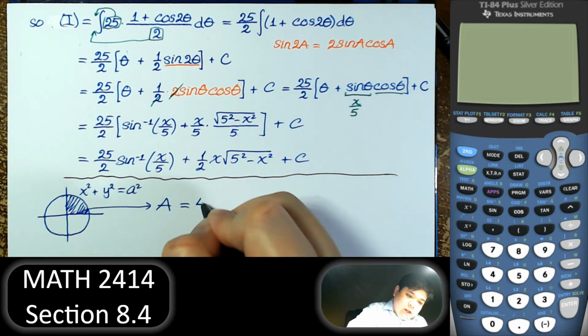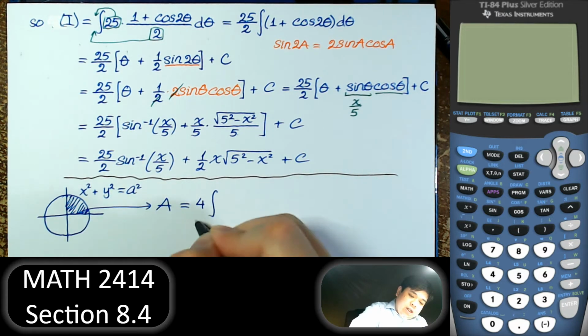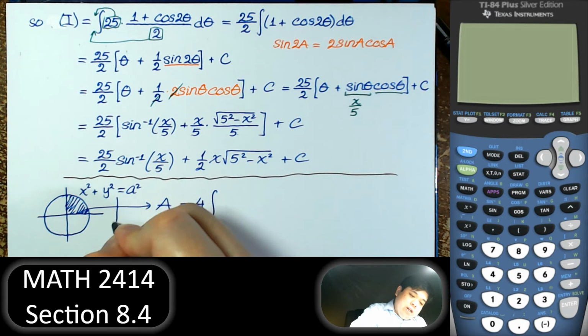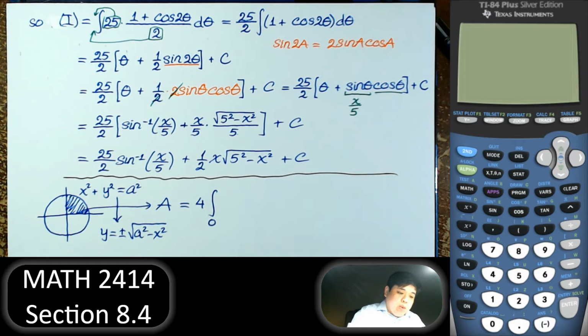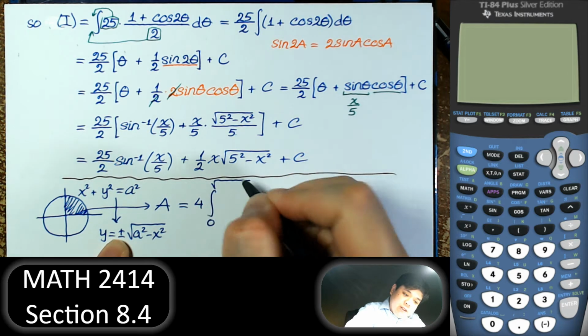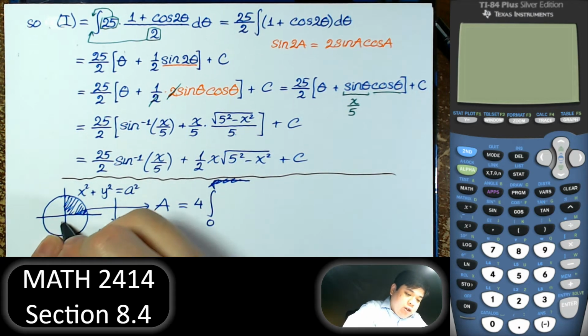So it will be 4 times the integral from 0 to a. And if x squared plus y squared equals a squared, this gives us y equal to plus or minus the square root of a squared minus x squared. And we're going to choose positive because the first quadrant is positive.